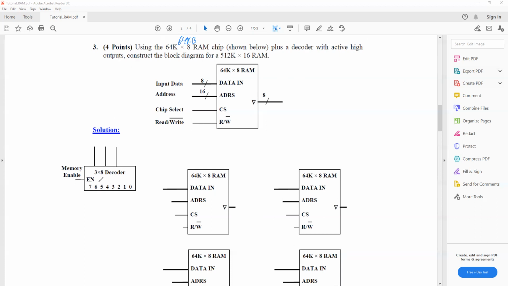Active high outputs means one output will be 1 and the rest will be 0. Construct the block diagram for a 512 by 16 RAM. That means if you compare the number of words in the memory you have and the number of words in the memory you are building, they are different. So first, that means we're building a larger decoder.